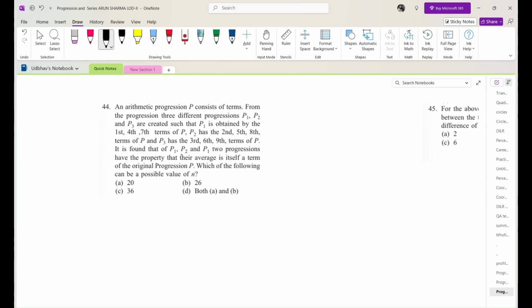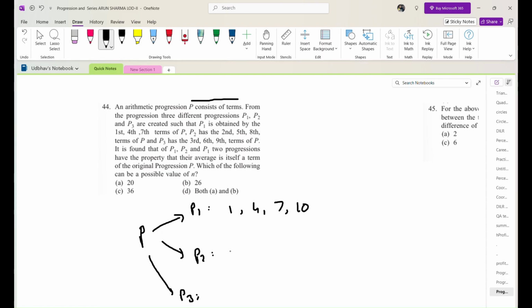So question number 44 says an arithmetic progression P consists of terms from the progression. Okay, so we are not given how many terms it consists of, we are just told it consists of some terms. From this P we make 3 different progressions, P1, P2 and P3, such that P1 is obtained by the first, fourth, 7th, 10th term.